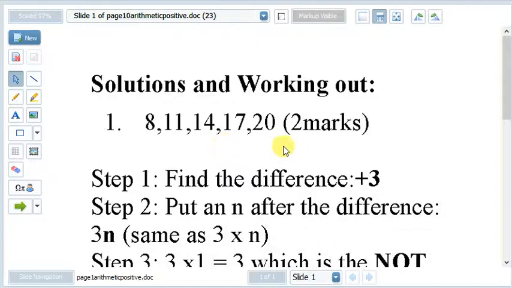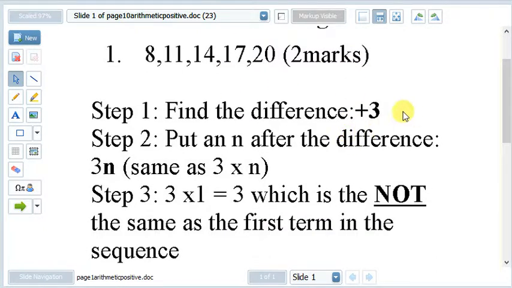Okay, so question 1. We find the difference, and the difference in this case is plus 3. Step 2, we put an n after the difference, so that becomes 3n. Next, we work out 3n for when n equals 1. So it becomes 3 times 1, which is 3.